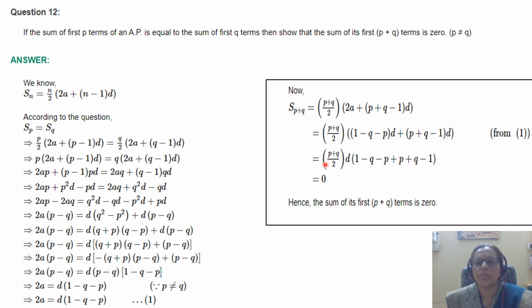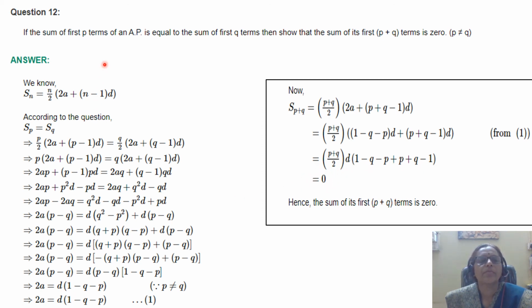So now p plus q by 2 into d, and what is the rest of the term? 1 minus q minus p plus q minus 1. Everything is getting cancelled over here: minus q plus q, minus p plus p, 1 minus 1. So this sum of p plus q terms is 0.